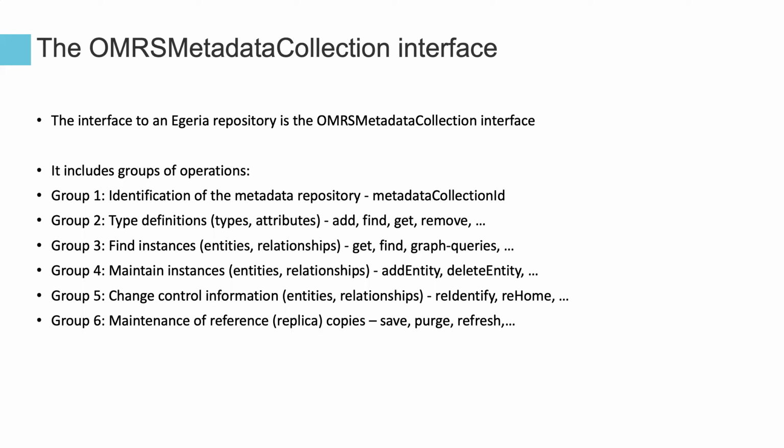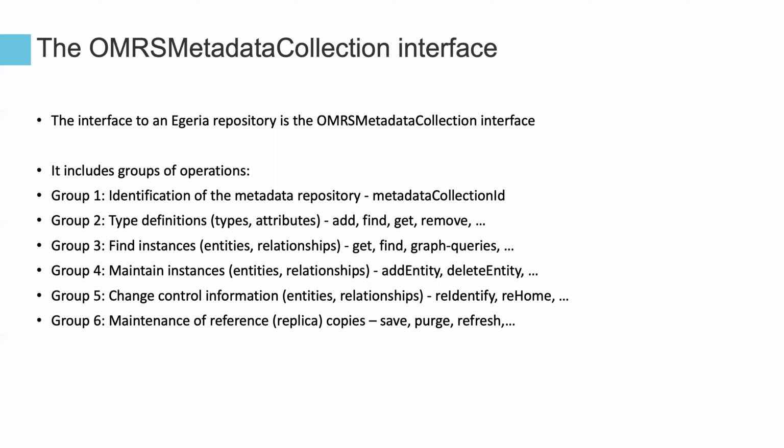We can pick up the master copy of an entity instance from one repository and assign that ownership to a different repository if we need to. It's not something you routinely need to do. It is also possible to re-identify and retype things. And group 6 within the metadata collection interface is all about maintenance of what we term reference copies, the replicas that we talked about earlier.